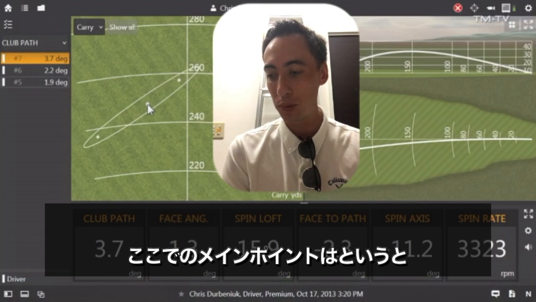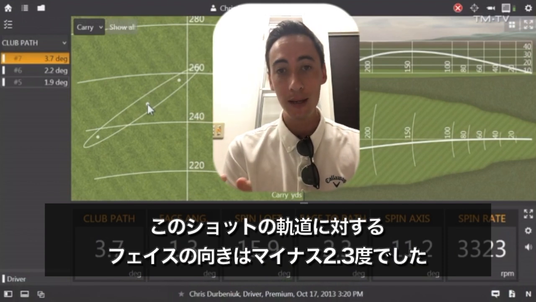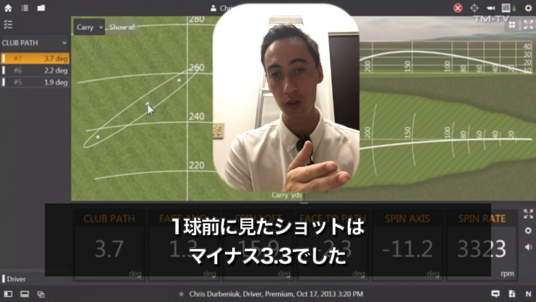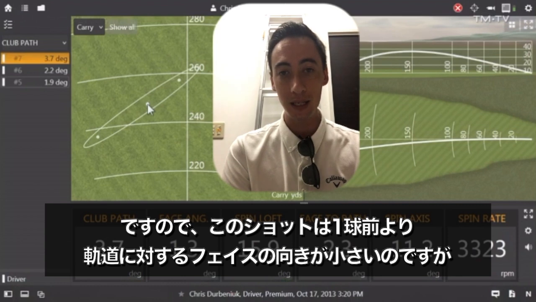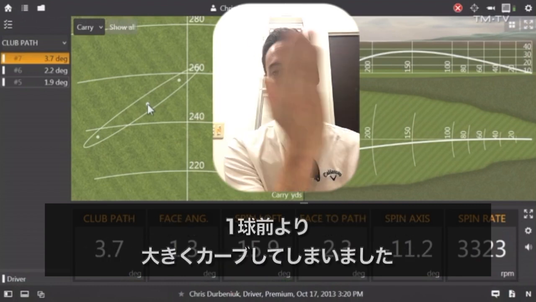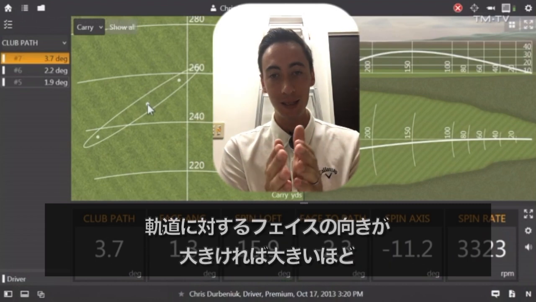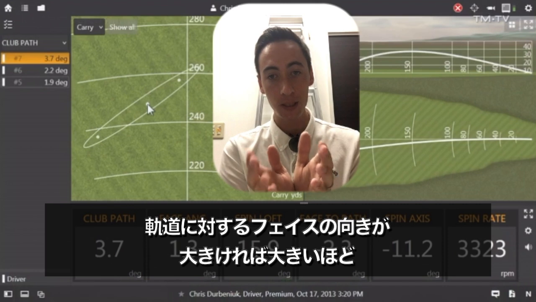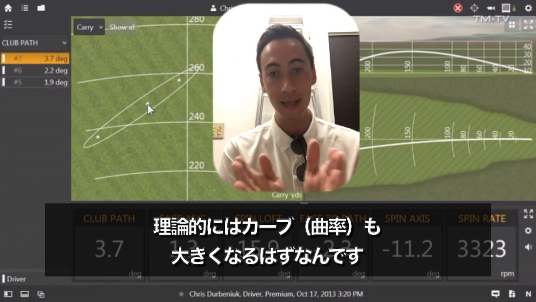But really, the main point here is the face to path is negative 2.3 on this shot. However, the shot before that we just talked about, it was negative 3. The face to path that's negative 2.3, which is a smaller degree, actually curved more to the left when the face to path was a greater degree, right? Again, if your face to path is a greater degree, it should theoretically curve more than the one that has less.